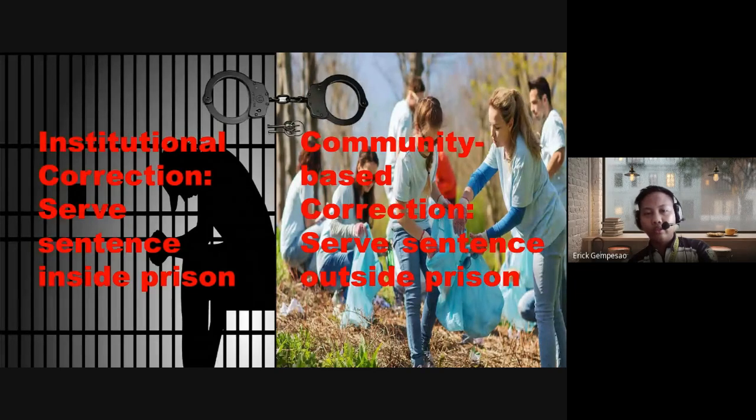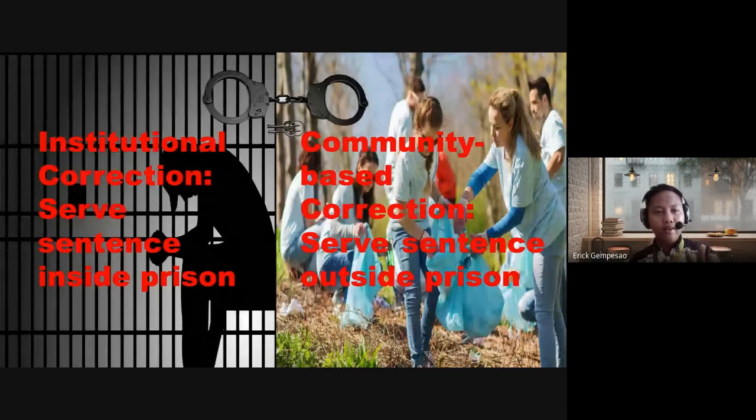And we have community-based correction outside the prison, like granted parole or probation. So these offenders are no longer serving their prison sentence, but rather serving it in the community. So that's the main difference between the two approaches.